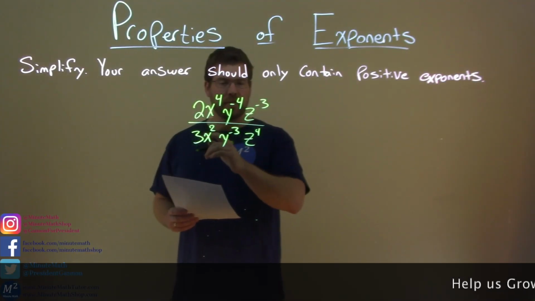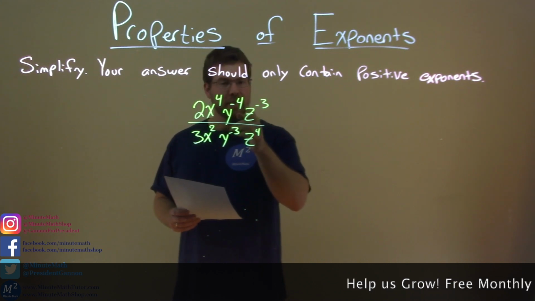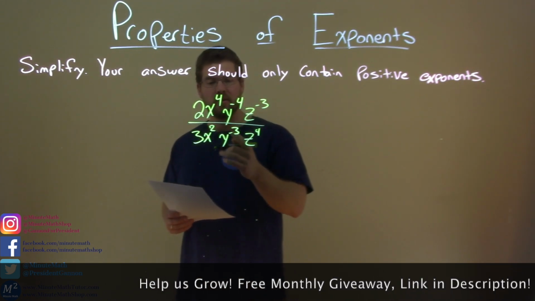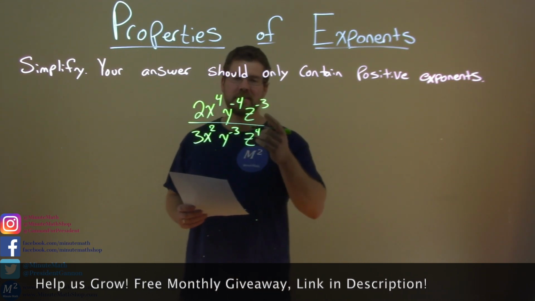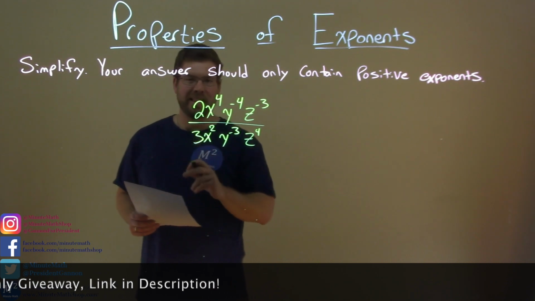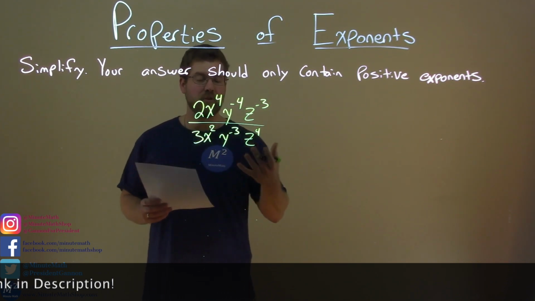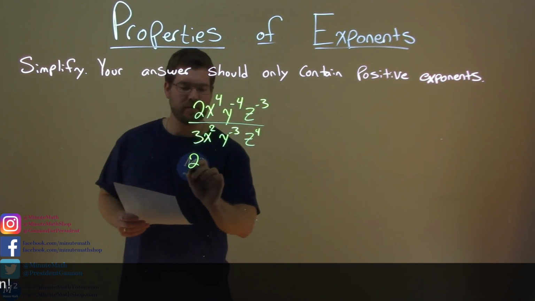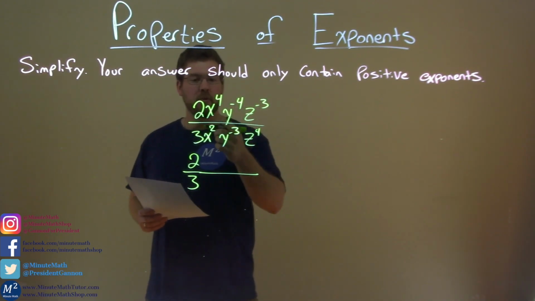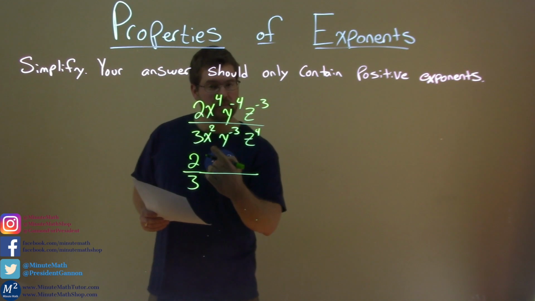2x to the fourth, y to the negative fourth power, z to the negative third power, all over 3x squared, y to the negative third power, z to the fourth power. We first look at our coefficients, 2 and 3. Nothing to simplify there, so I'm just going to leave it like this, 2/3. Let's keep going. x to the fourth divided by x squared, okay?